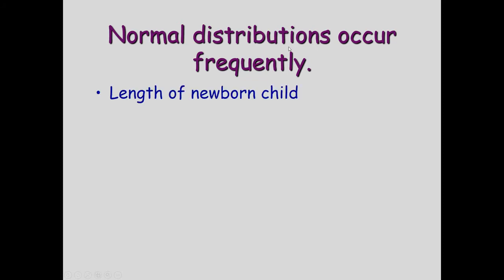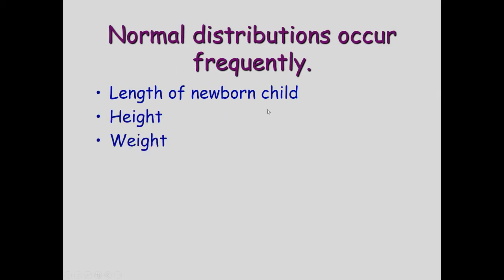Okay, so a lot of things have normal distributions. Anything that's naturally occurring, especially heights of men, heights of women, the number of petals on a rose, those tend to be normally distributed. If there's a bunch of different roses, then the distribution of rose petals would be normal. Here are some examples.